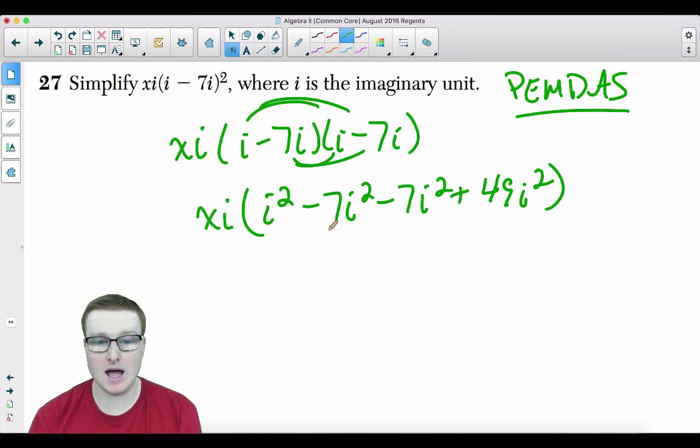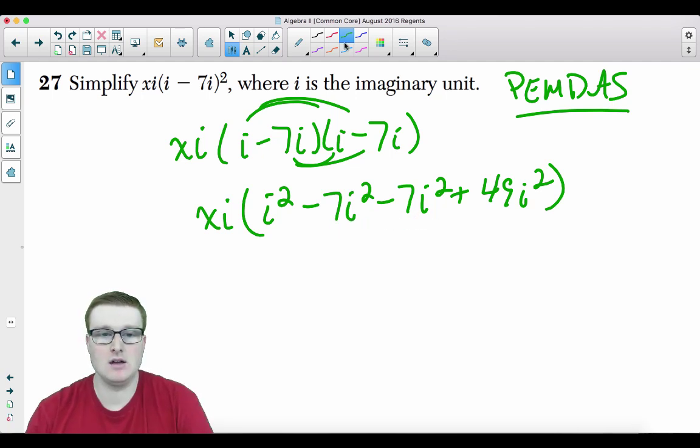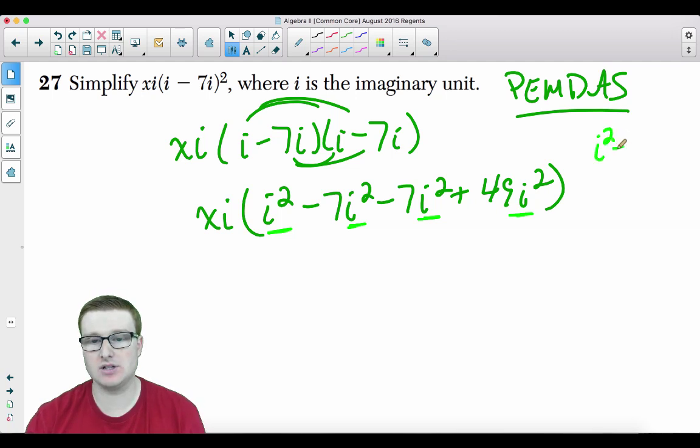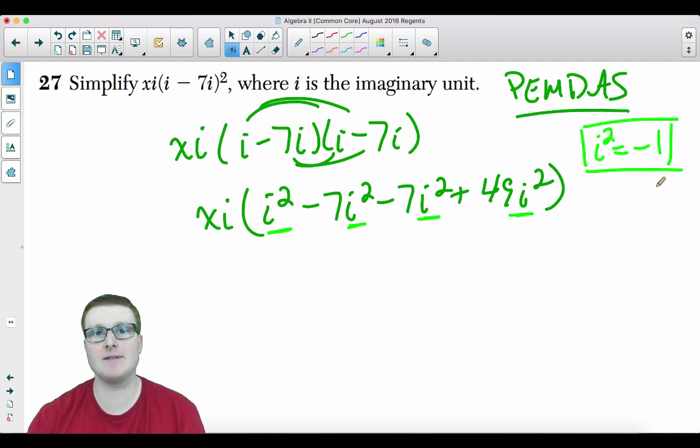We could actually substitute in for what i squared is. i squared, ladies and gentlemen, is equal to the number -1. And if you don't know how I got that, plug it into your calculator. I promise you it will give you the answer.